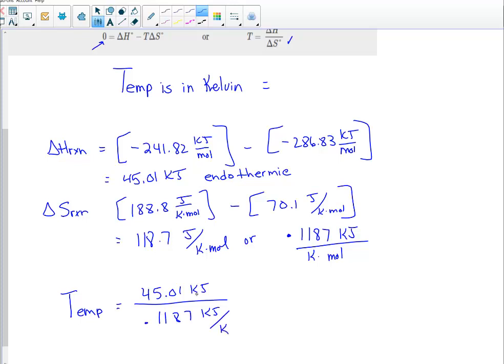And notice here, kJs will cancel one another, and Kelvin will end up to be our solved unit. So 45.01 divided by 0.1187. This comes out to be 379.19 Kelvin.